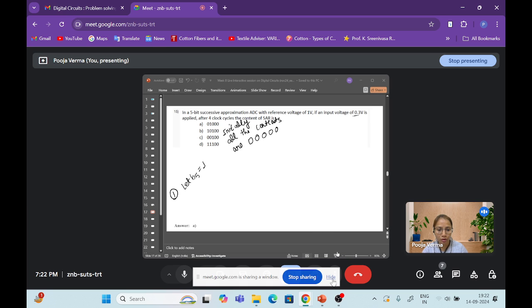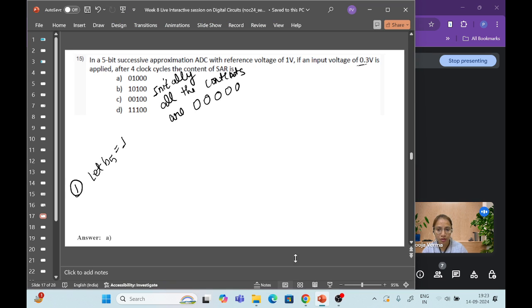Sorry guys, I have lost my connection, so I'm continuing from there. So initially assume that V5 is equal to 1 and check in the same manner for V1. Just check what will be the output, that is 1 by 2 V reference. So V reference is 1, that is 1 by 2, that is 0.5.